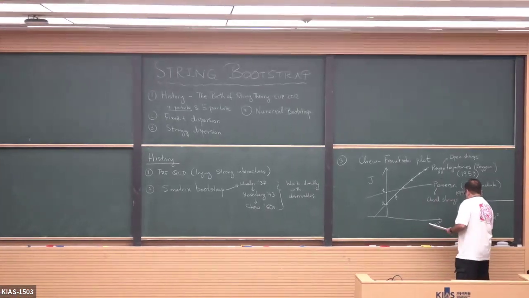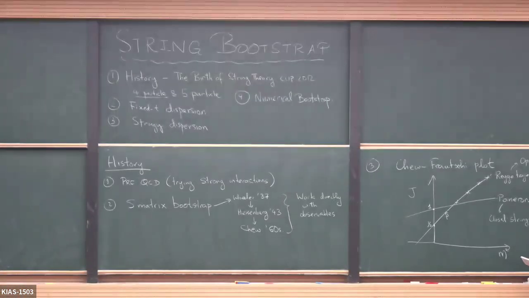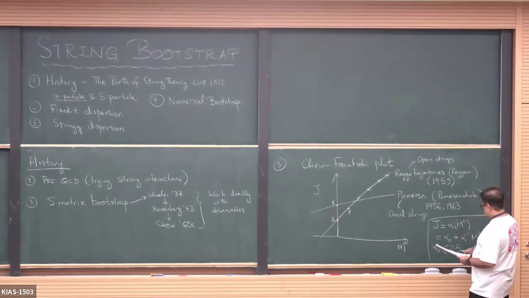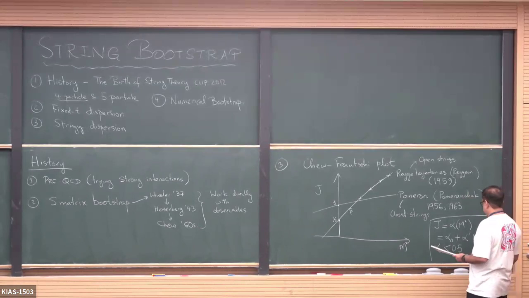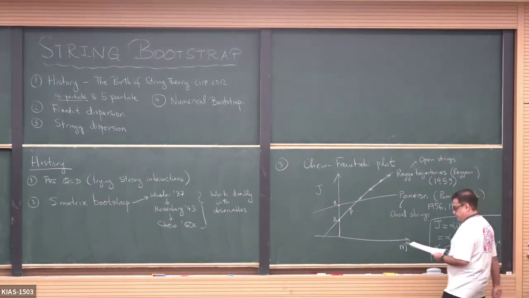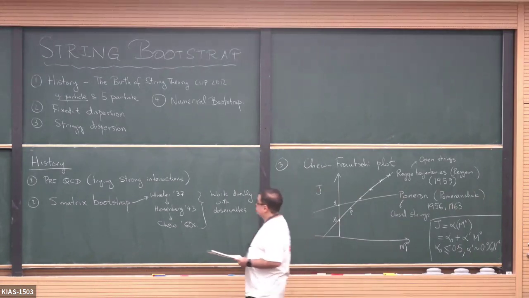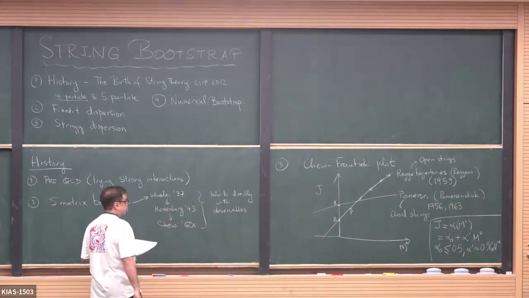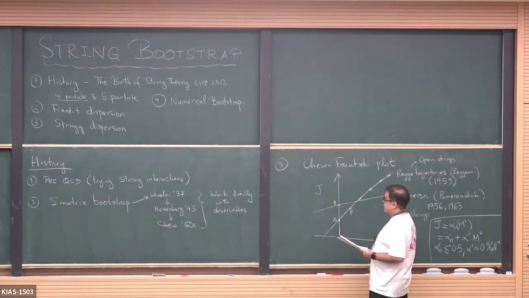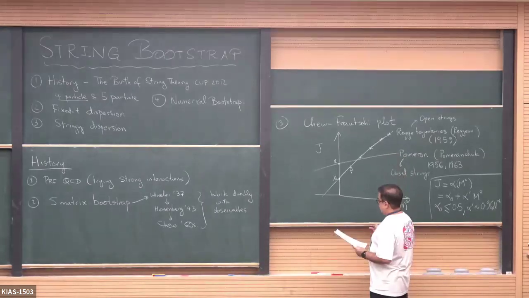Phenomenologically, alpha 0 is supposed to be less than 0.5. This is a dimensionless quantity, and alpha prime is roughly 0.9 GeV inverse square. So this was data that was available at that point of time.